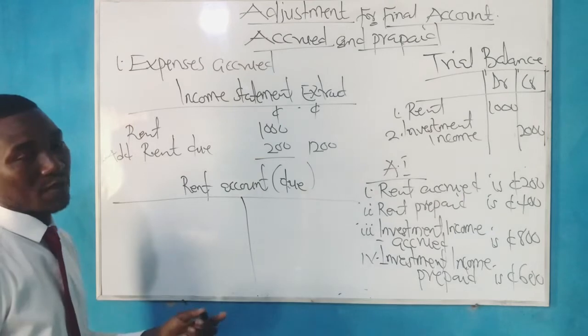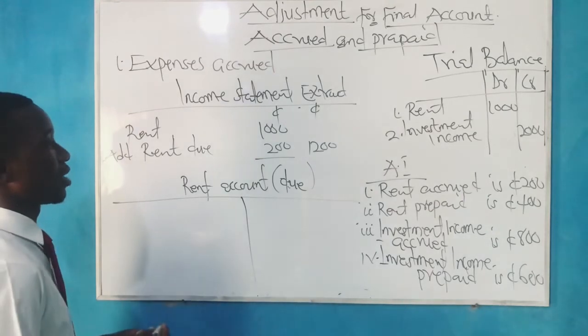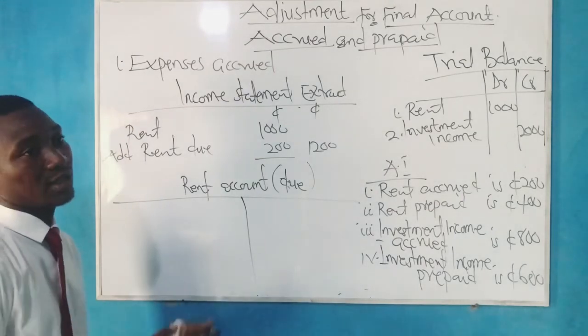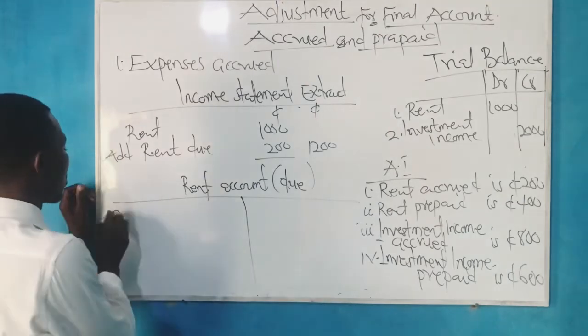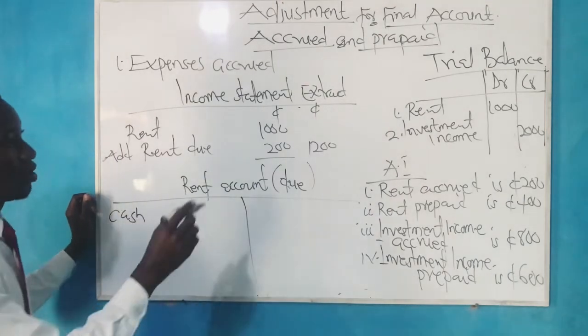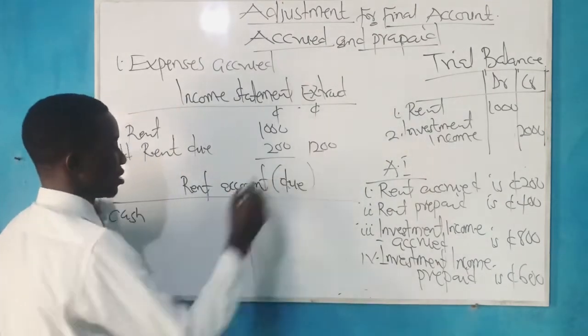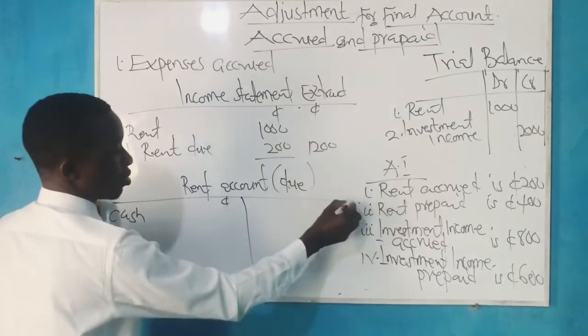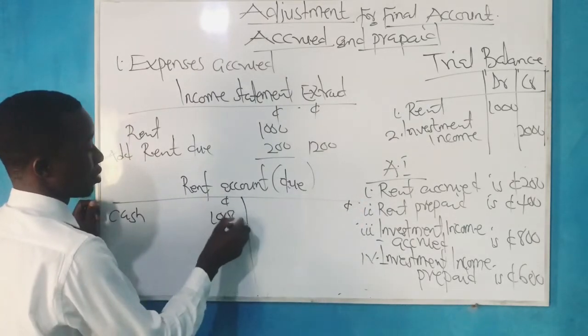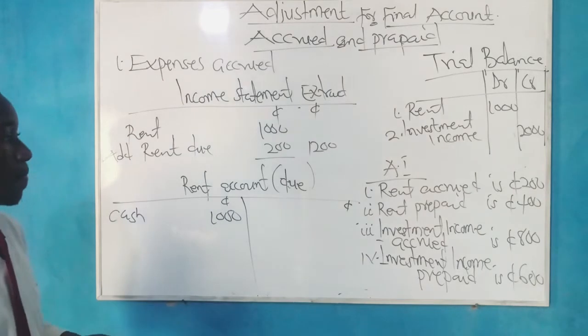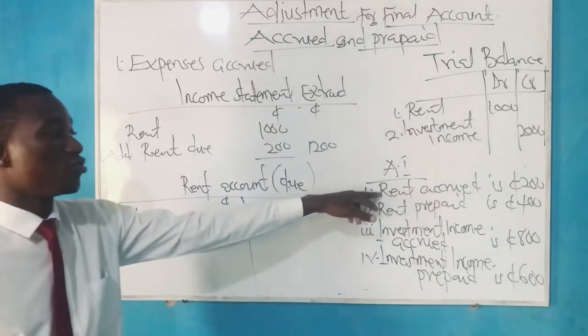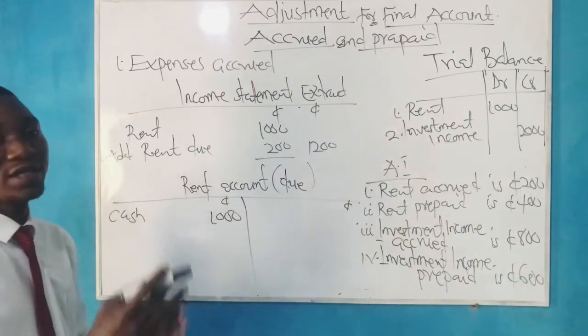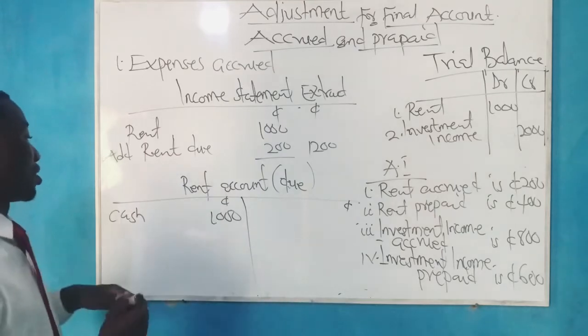Expenses is an expense, okay, so it has a debit balance. Sometimes expenses we pay through cash or we pay through cheque, so we are considering cash. Maybe an amount of 1,000 cedis, okay, and there is an expenses due or expenses accrued. You always add expenses owings, okay.